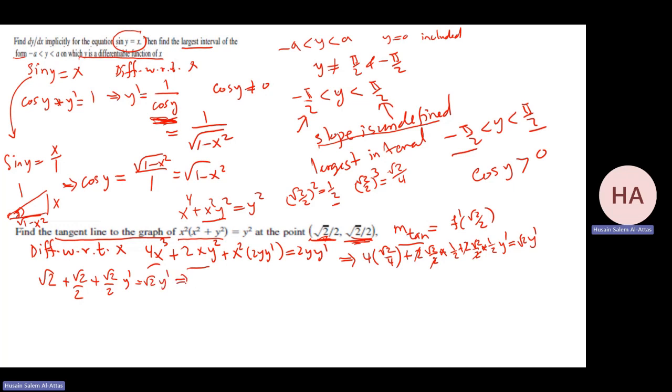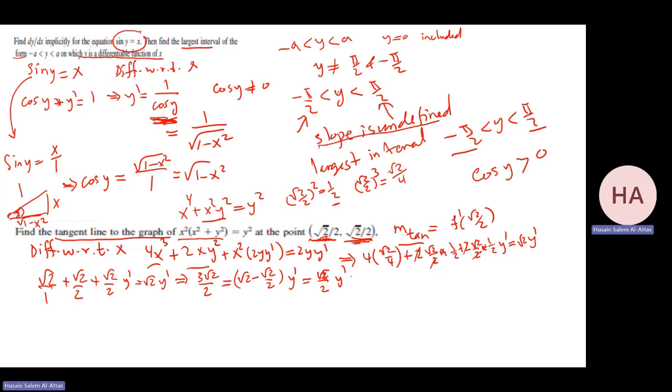That means y prime, this is over 1, so it will be 2 root 2, 3 root 2 over 2 equal root 2 minus root 2 over 2 y prime, which is what? 2 root 2 minus root 2, which is root 2 over 2 y prime.